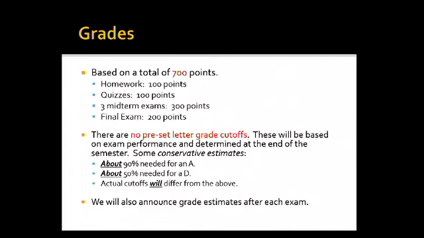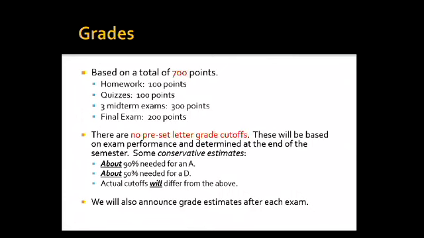If you get a 90%, you're pretty much going to get an A. If you have anything lower than 50% in this course, then you are not doing so well. If you have less than 50 or at 50, your chance of passing the course is not very good.